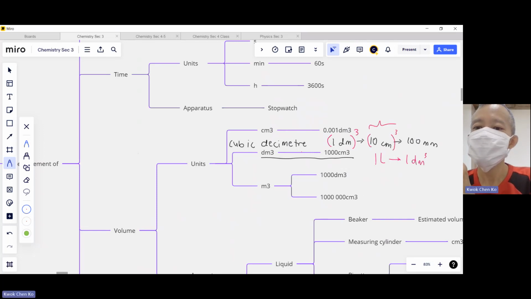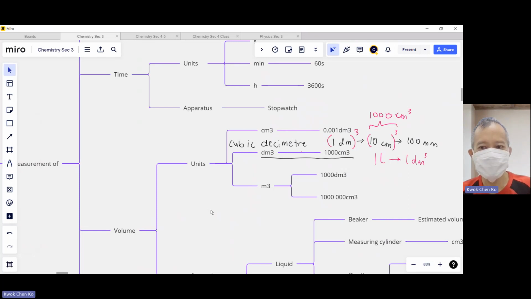So what do I get? 10 times 10 times 10. 1000. Okay, so that's how I got this. The mix-up is definitely going to come out: dm cube, not dm, but dm cube.